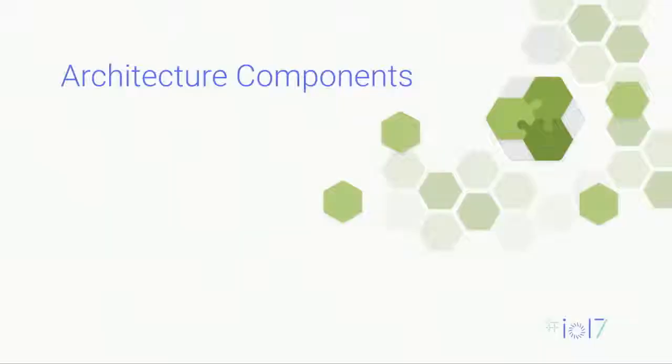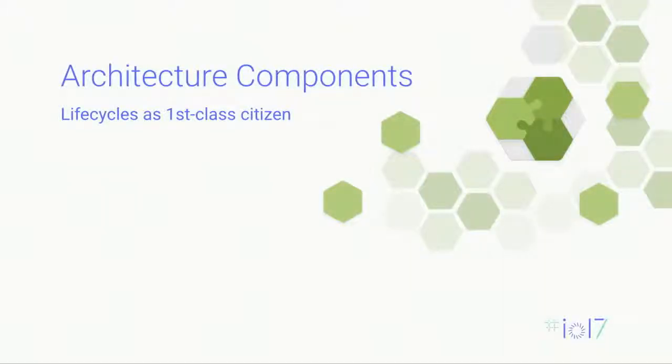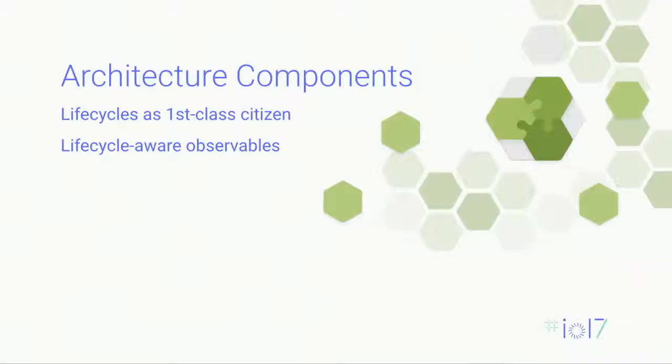Second, we are shipping a new set of libraries that we call architecture components. These are more fundamental components that you can build your application on top of. The first thing is lifecycles. This is the biggest developer complaint we have. Lifecycles are hard. Lifecycles are hard. And we said, OK, we should solve this problem. And the first level of this new set of components is lifecycle-aware observables, which we'll go into in detail later.